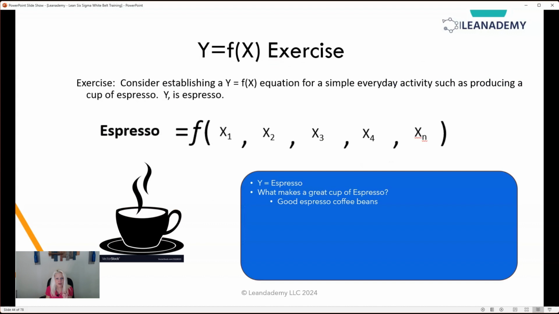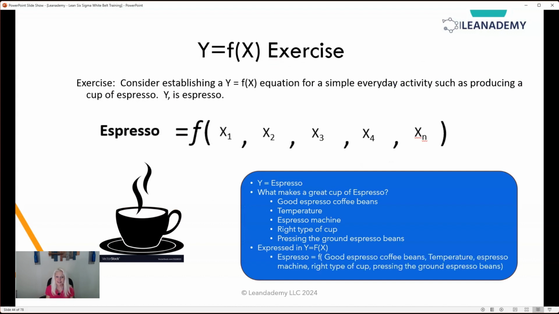When we start to think about it, we want good espresso coffee beans. We want the right temperature. We want a good espresso machine, and the right type of cup is very important. Pressing the ground espresso beans. And then of course, if you express it in the Y = f(X) function, you're basically going to say the espresso is the Y equals the f of all of our X's: good espresso coffee beans, temperature, the machine, the type of cup, pressing the ground beans.